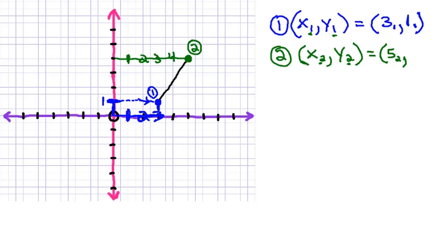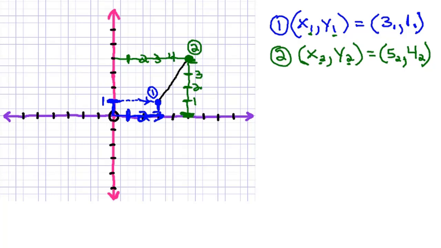And then what's the y value for that second dot? Well, we have to count up how much it goes up on the y-axis. So starting from down here, it went up 1 notch, 2 notches, 3 notches, 4 notches. So 4 is going to be our y value for that second point. And we're going to put a little 2 next to it to remind us that's our second point for the y value.